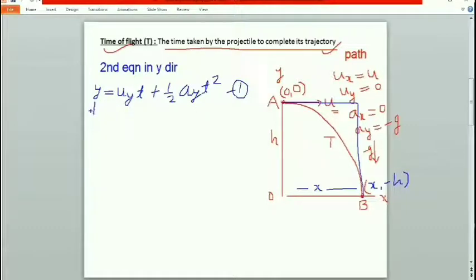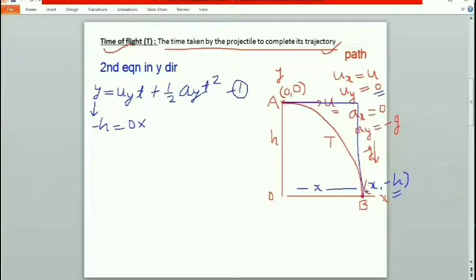Now we will put the value of each term y, uy, ay. Let us see. It is given in the diagram. Y at point B, what is the y component coordinate? That is equal to minus h. Equal to uy. You can check it. No component of initial velocity in y direction, 0. Multiplied by time.